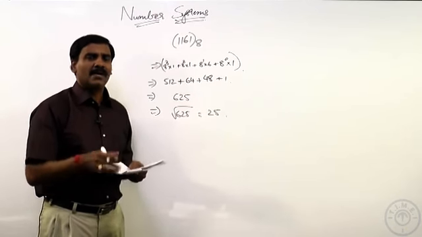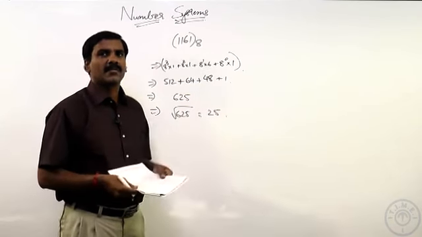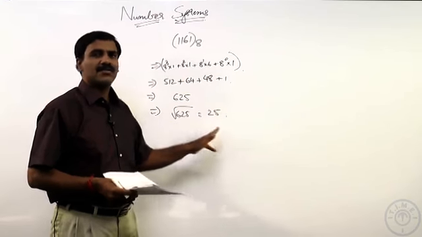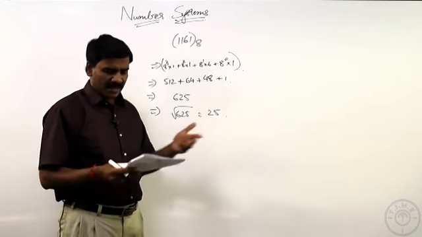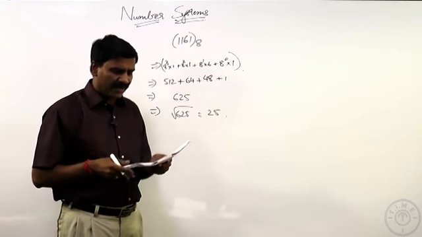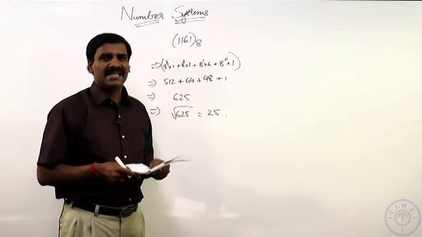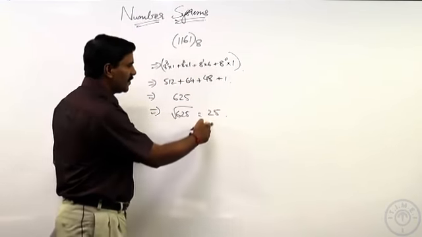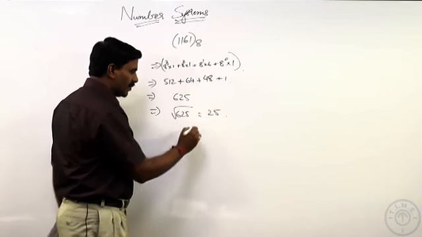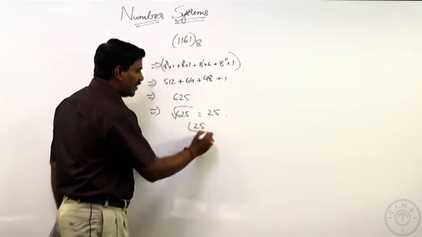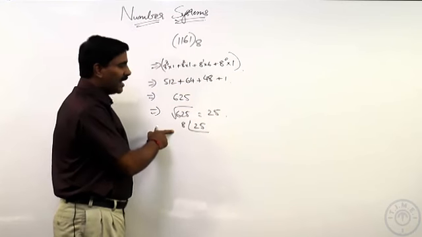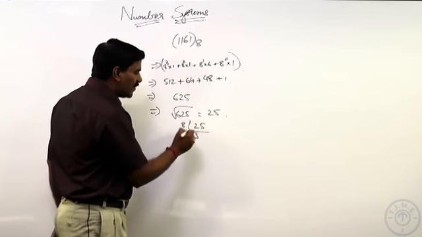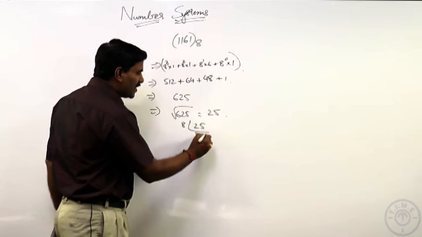Let us look at how to handle that aspect. The square root of 625 is 25. Now let us convert that into octal, because the choices are all given in base 8, and 25 is in the decimal system. So as we did earlier, convert 25 into the octal system by dividing by 8. 8 goes 3 times, 8 threes are 24, so there is a remainder of 1.